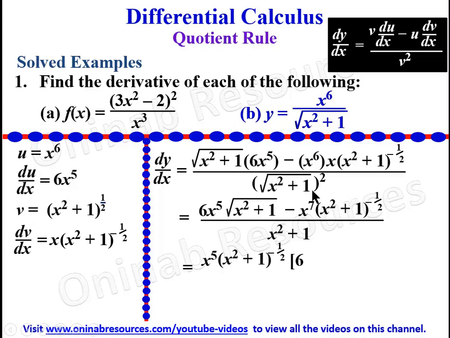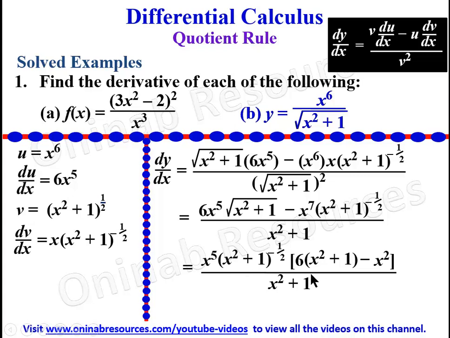Since it is division, the half here will be plus half there. We'll be left with m to the power of 1, which will just give us x squared plus 1. Then minus x to the power of 7 divided by x to the power of 5 will give us x squared, and since this divided by this will give us 1, that's the numerator, over x squared plus 1.